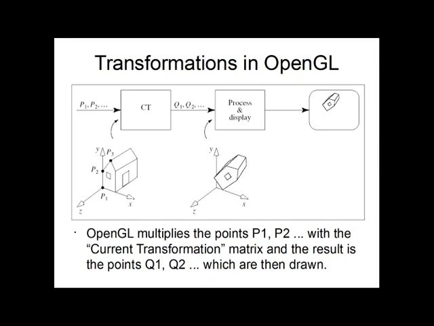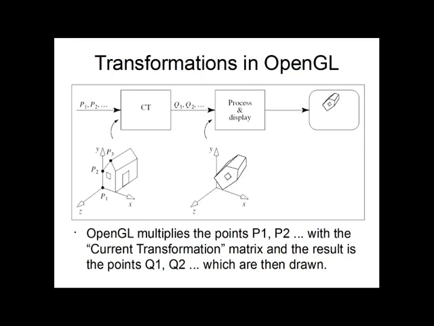So we're looking at a part of the OpenGL graphics pipeline here. Basically CT standing for current transformation. And what we're looking at is this current transformation, a very simplified version of what we're usually looking at as our transformation matrices.